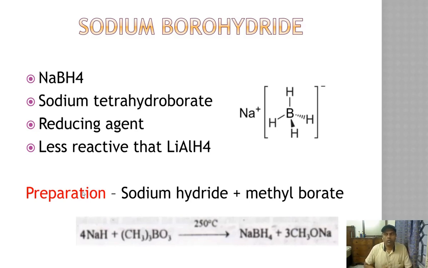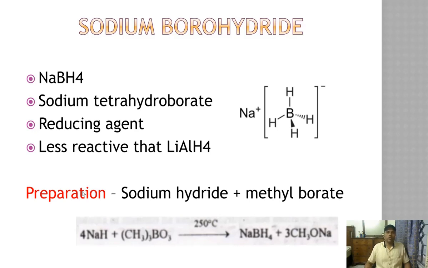Next, we will go for reduction by metal hydrides. There are two metal hydrides. One is sodium borohydride, another is lithium aluminum hydride. So these two are reducing agents. We are going to do the reduction using these two reducing agents. They are used separately, so we'll study them one by one.